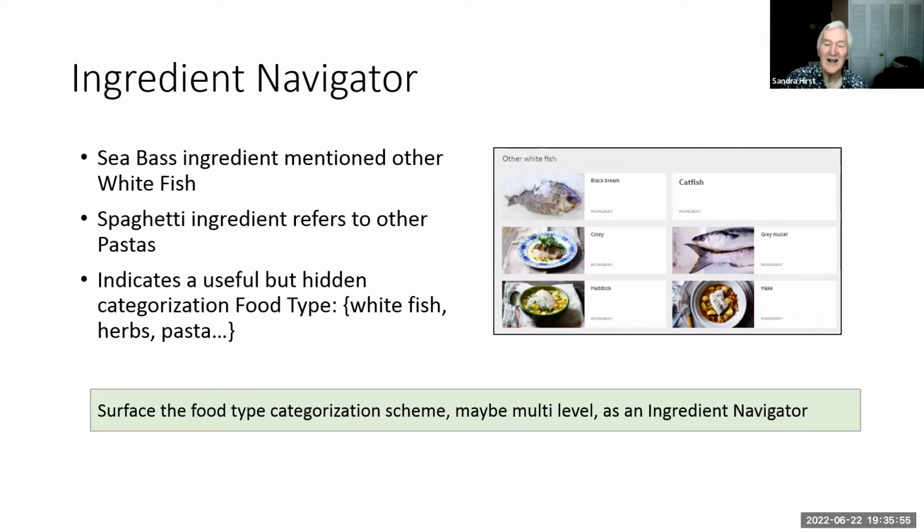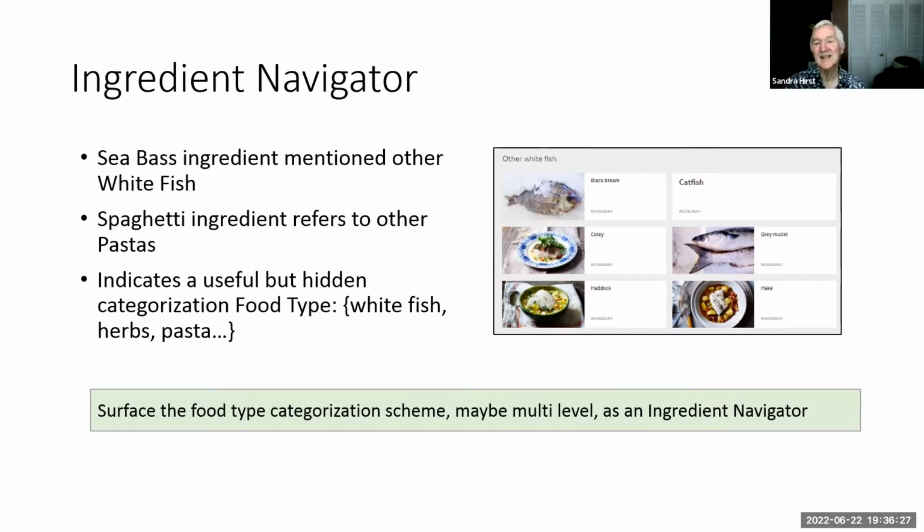Maybe it's a multi-level categorization scheme, starting with meats and vegetables, and then meats go into seafood, and then fish and animals, and vegetables, fruit vegetables maybe. And I throw out the idea, maybe we have an ingredient navigator. And you UX interface design guys say, oh yeah, that could be good. We'll write it up in our report.